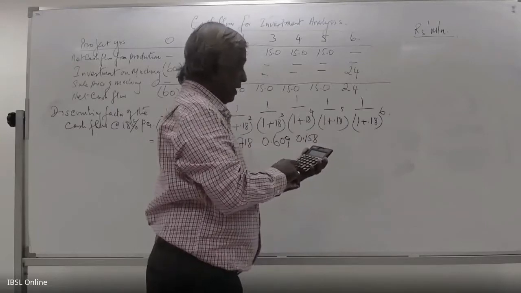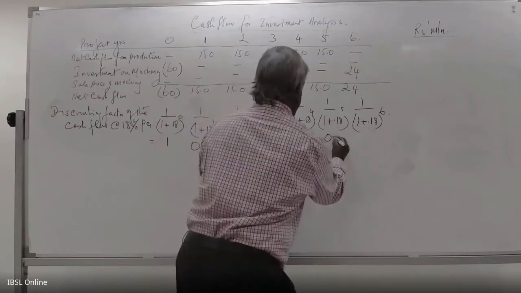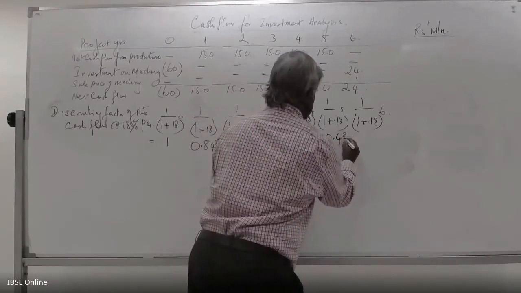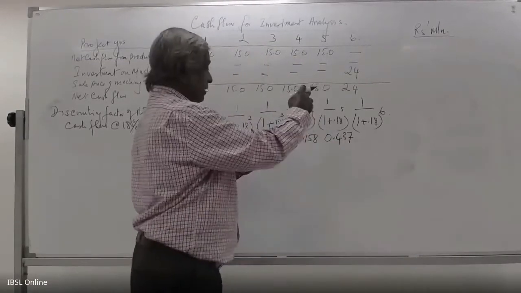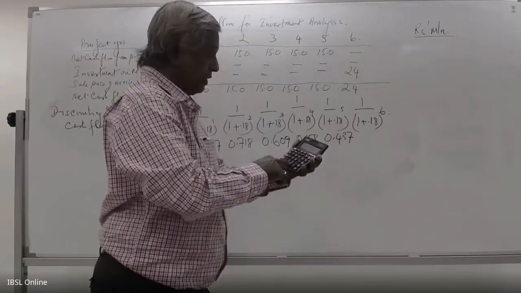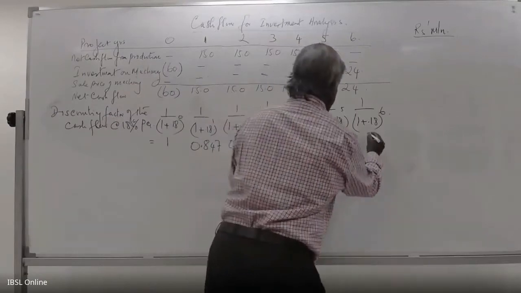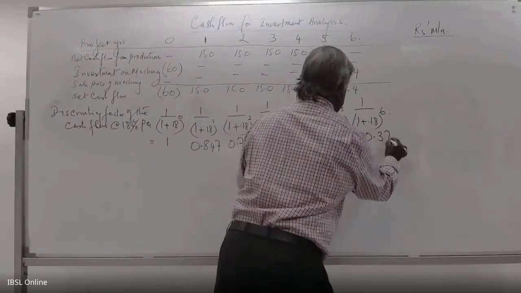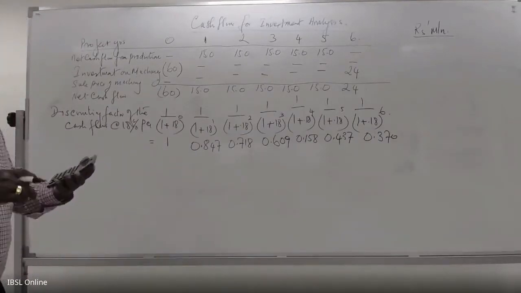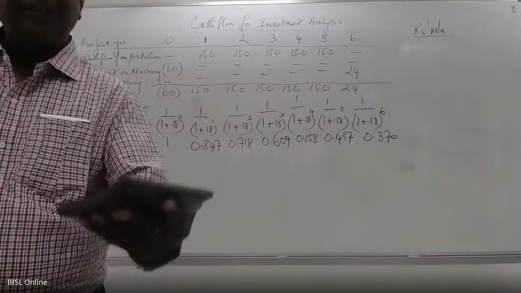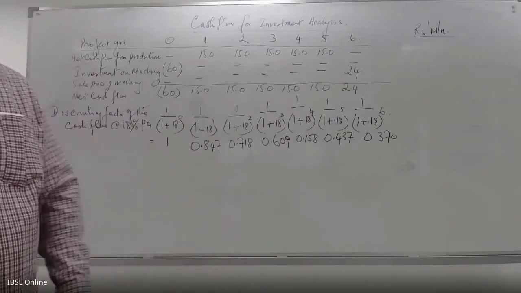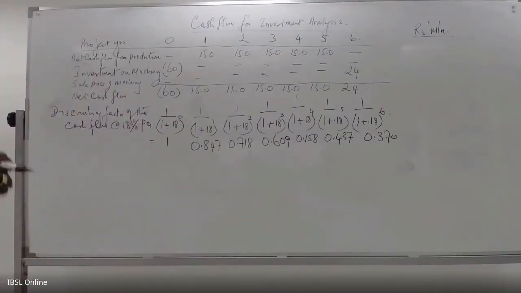I press equal sign. 0.437. This answer should be again divided by 1.18. I press equal sign. 0.370. This is the discounting factor. So with the simple calculator we have found out the discounting factor.